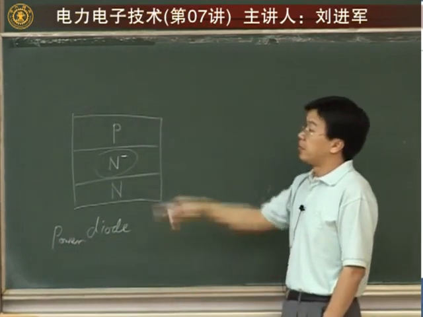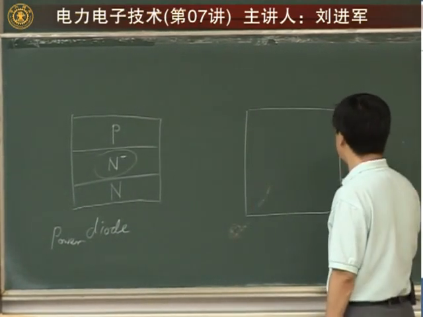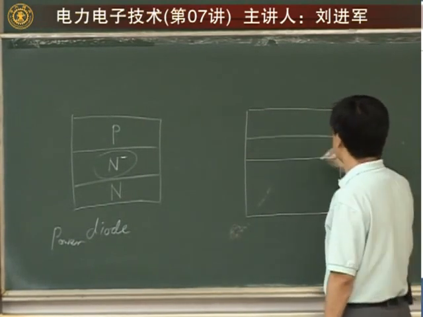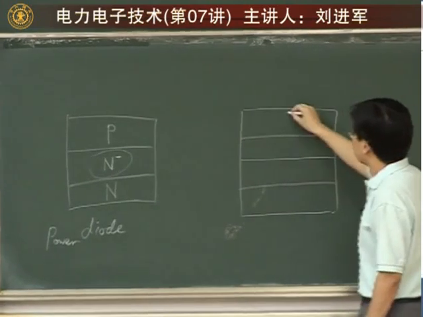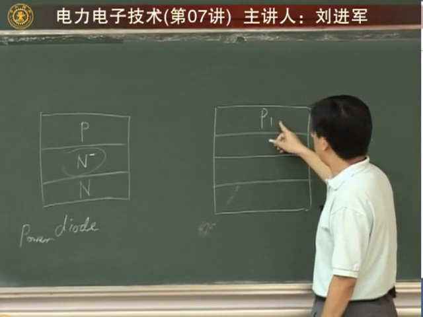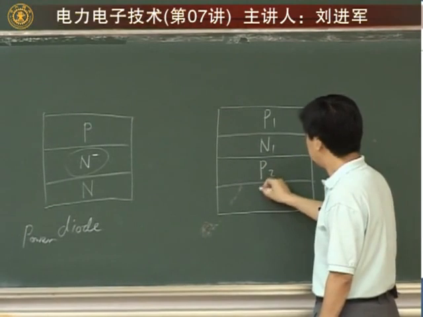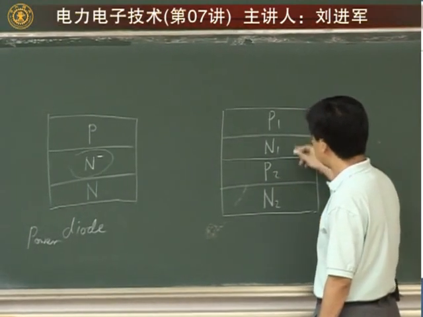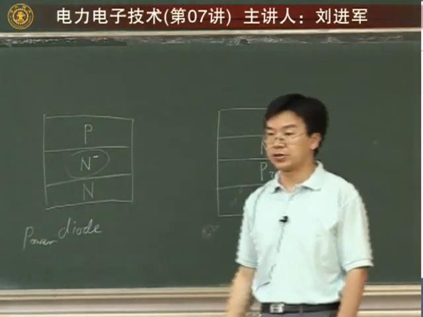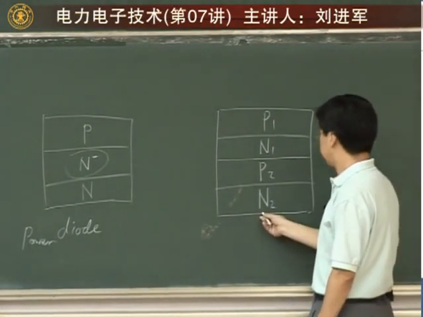For the thyristor, this is a 4-layer system. This is different from the power diode. You have P layer, N layer, another P, another N. So totally 4 layers. That's the inner structure. And the 3 terminals are connected in this way.